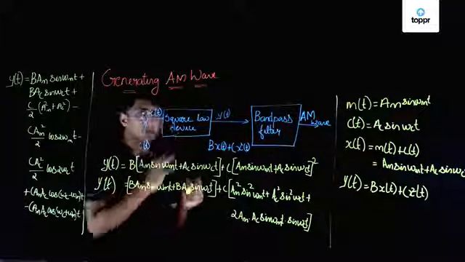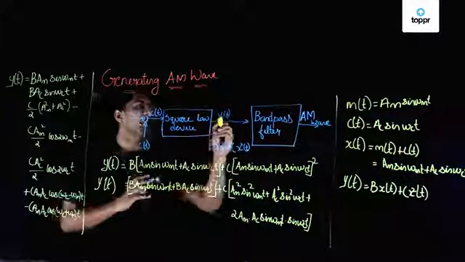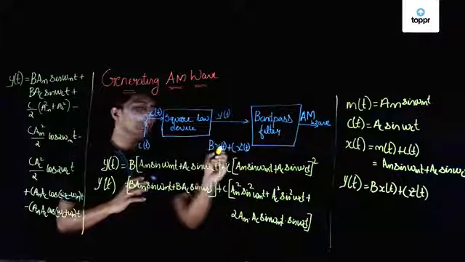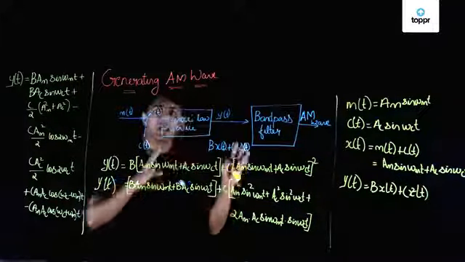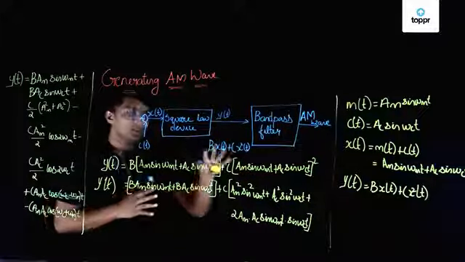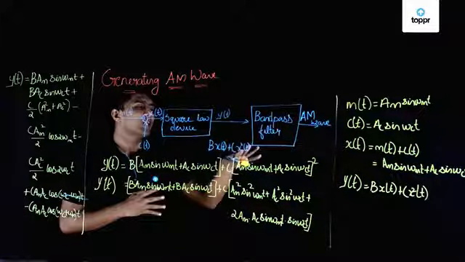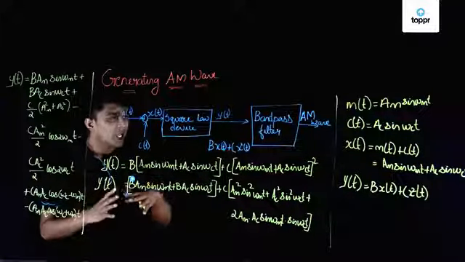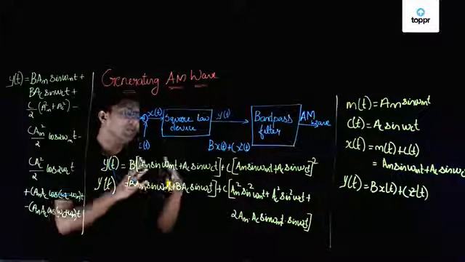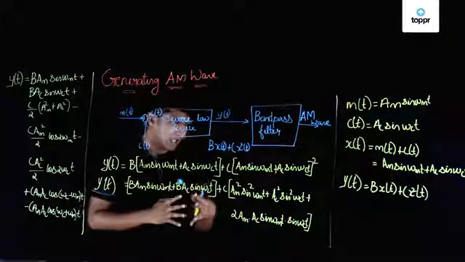Then that goes to a square law device wherein we will get y of t, which is equal to b x of t plus c x squared of t, where b and c are constants. When we substitute the value of x of t, we will get b Am sin ωmt plus b Ac sin ωct.